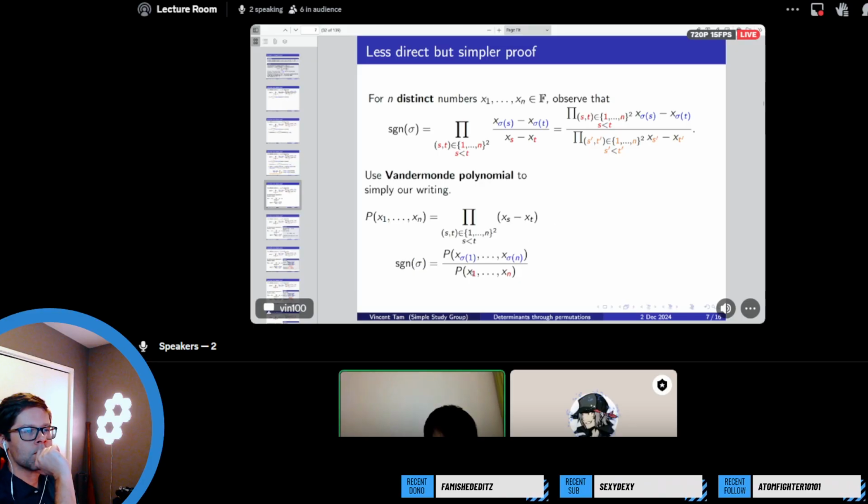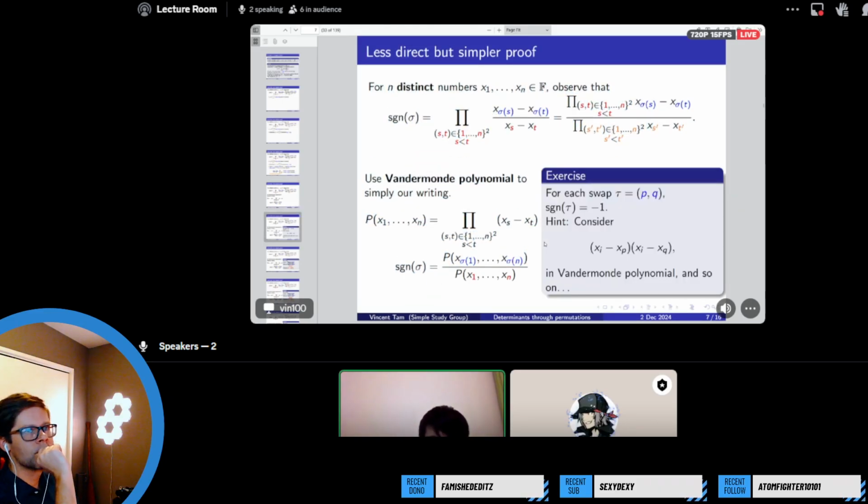So using such notation, we can rewrite and simplify the sign of sigma in this form.